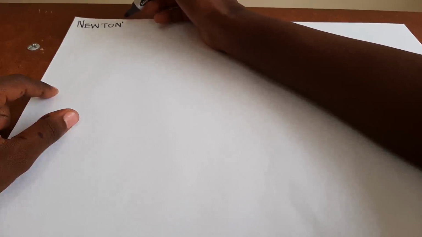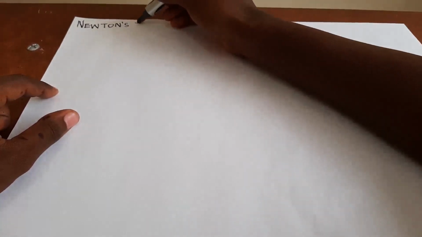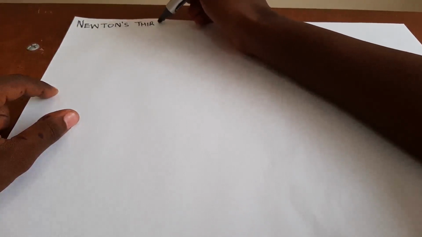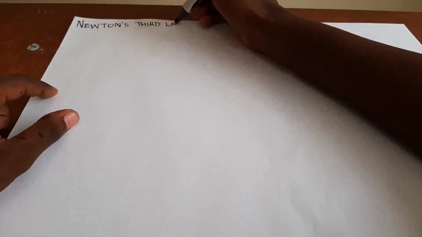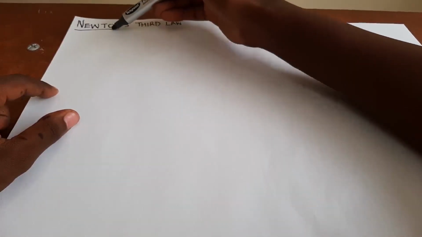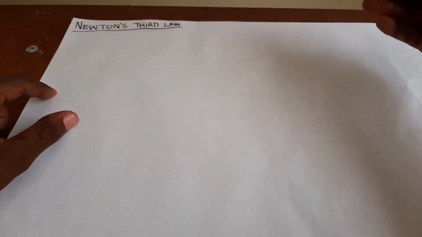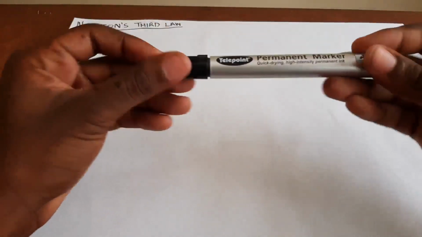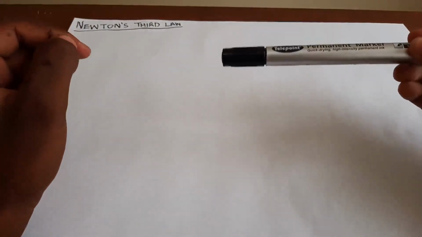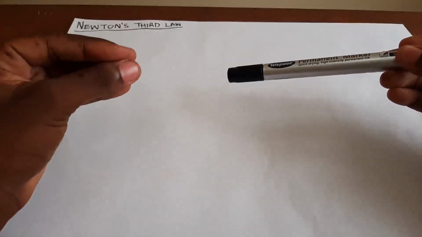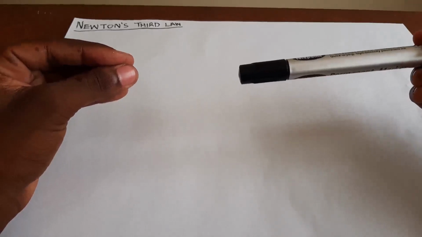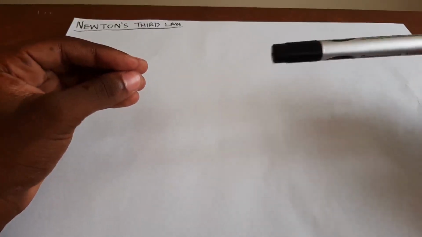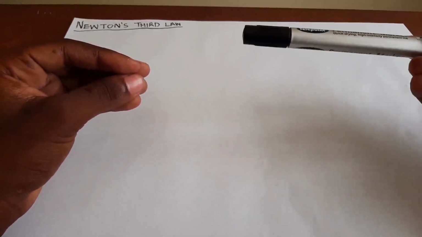Newton's third law. Okay, so Newton's third law states that if body A exerts a force on body B, then body B will exert a force of equal magnitude on body A, but in the opposite direction.